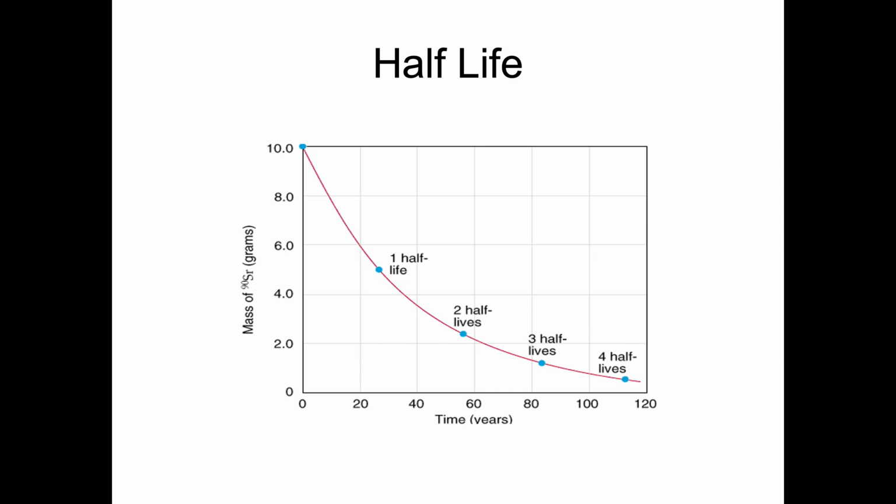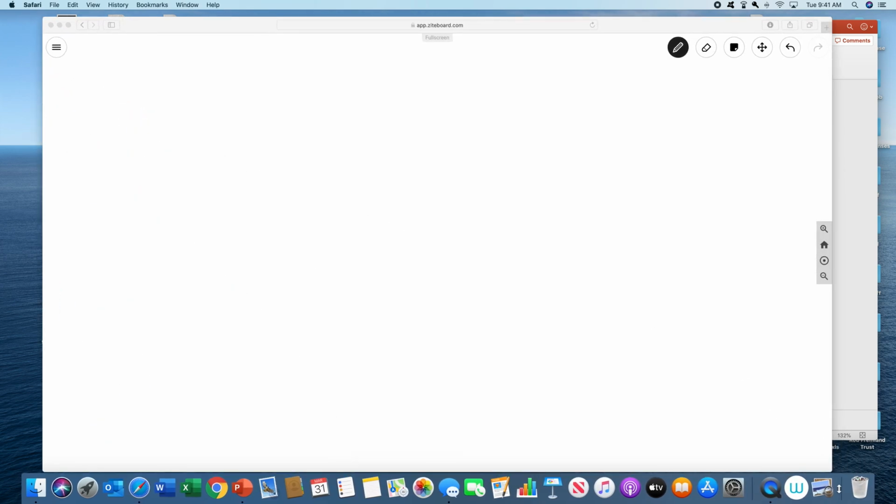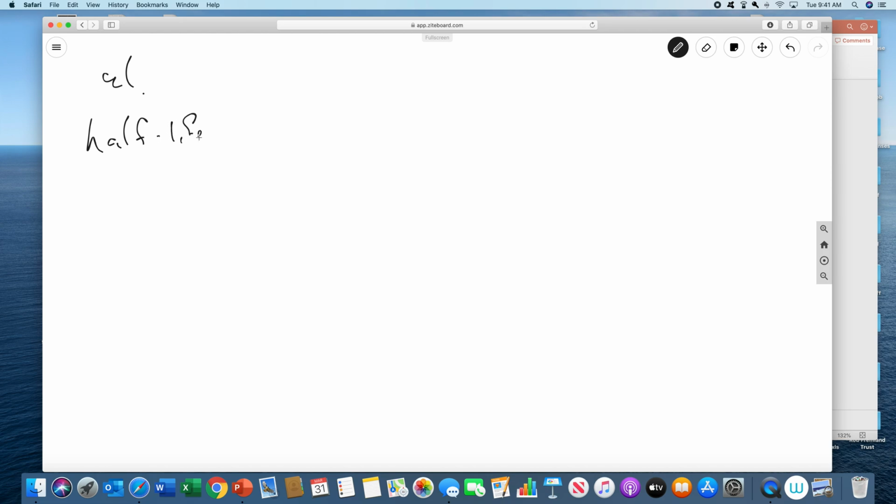The half-life is defined as the amount of time, we write this on the whiteboard, okay? Half-life is called the T1/2.